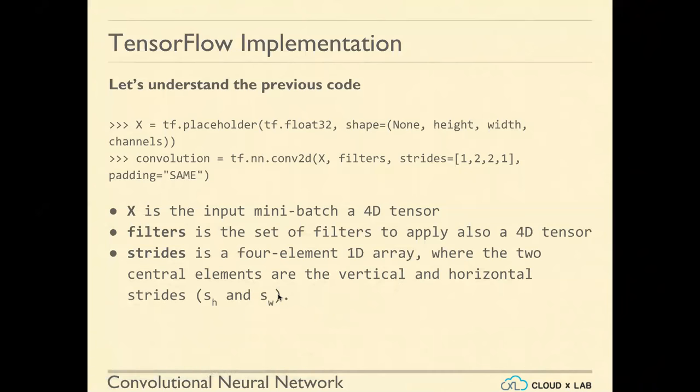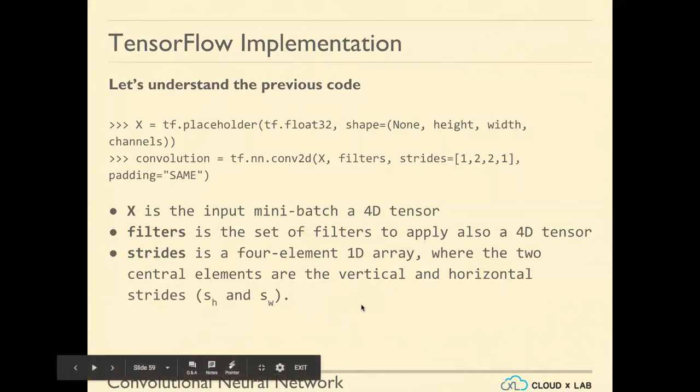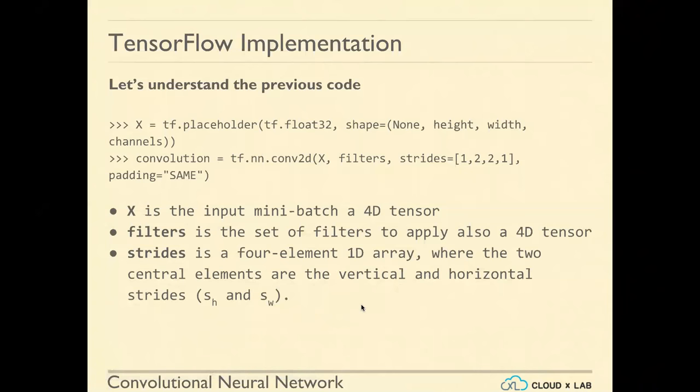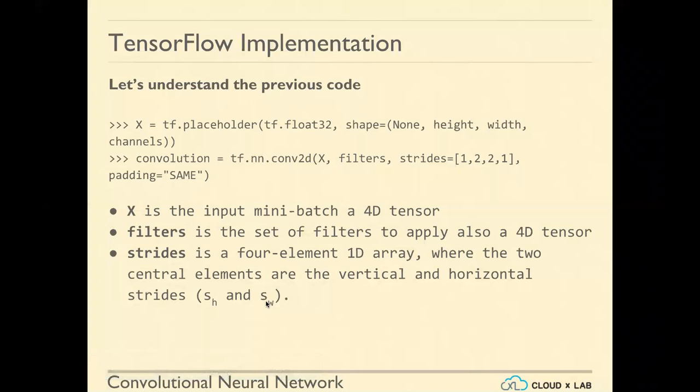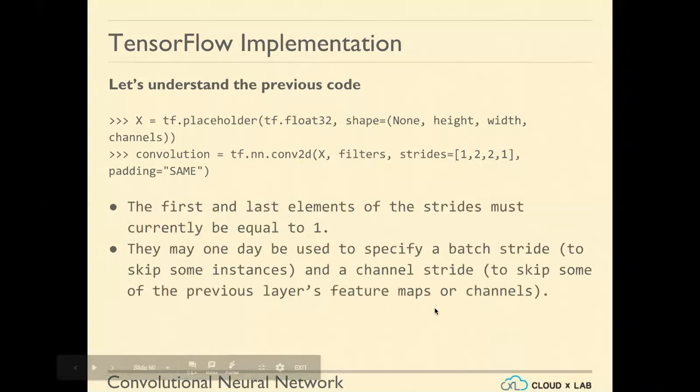That is, while moving the receptive field on the input layer, how many steps, how many jumps should we take? If sh and sw are 1, that means we are just going to slide the receptive field one at a time.